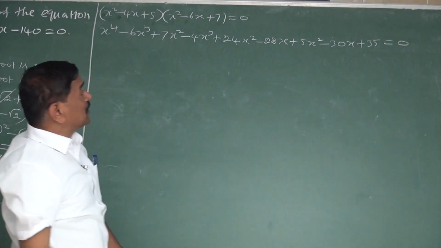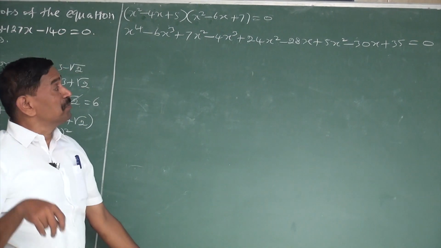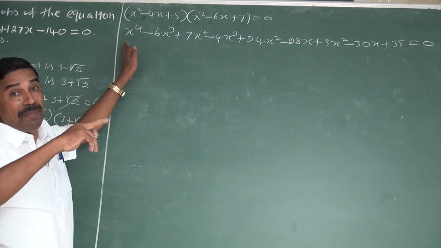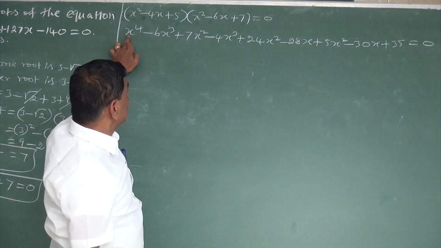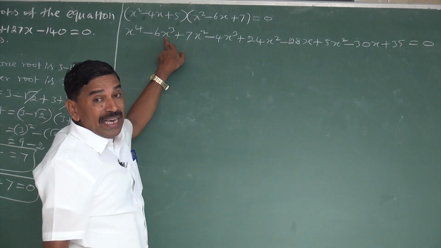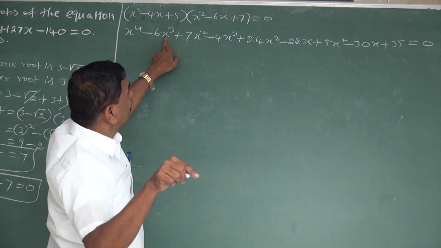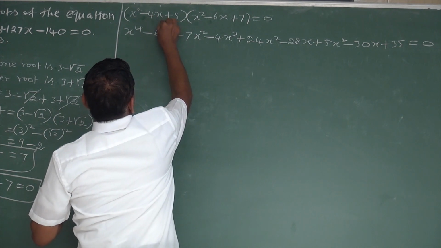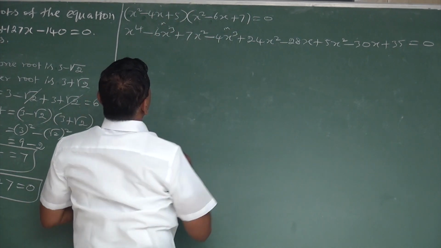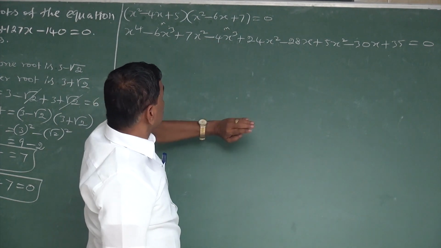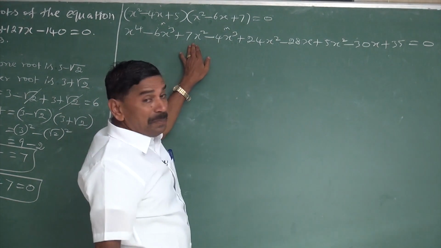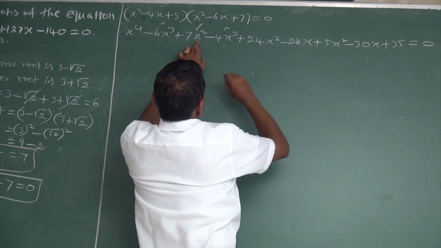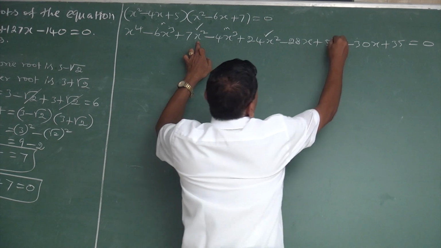Now I want to simplify because there are like terms. Can you tell me what the like terms are? x power 4. Okay, x power 4 is present in how many places? Very good, one place. Next, can you tell me x cube is present in how many places? Very good, x cube is present in 2 places. Now, can you tell me x square is present in how many places? x square is present as 7x square, 24x square, 5x square.